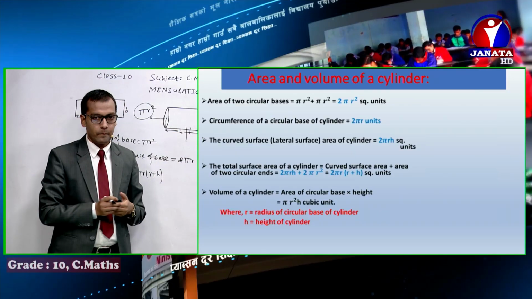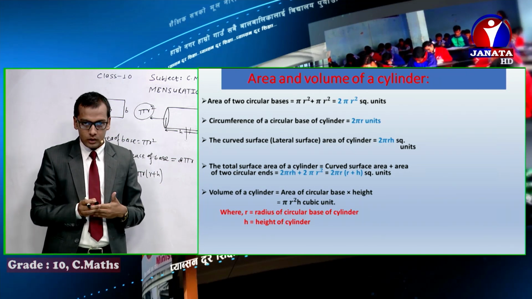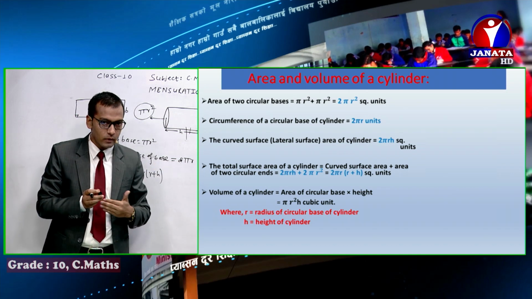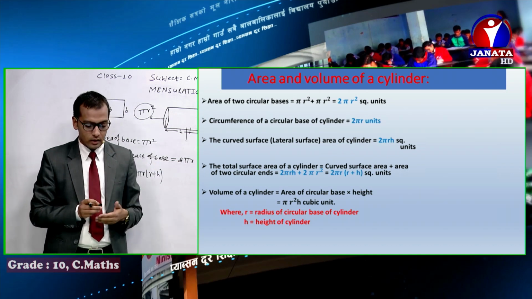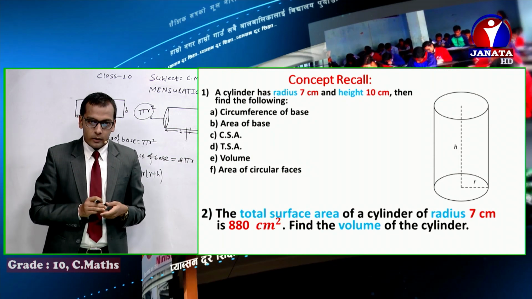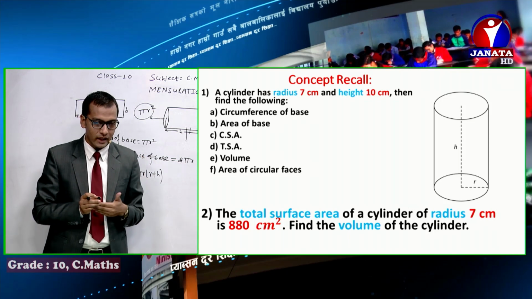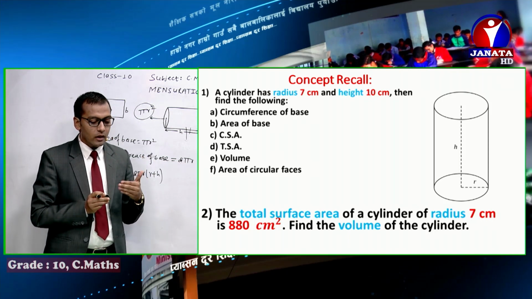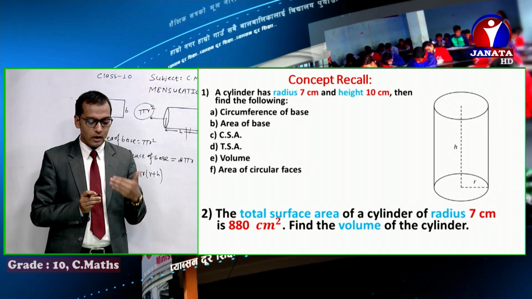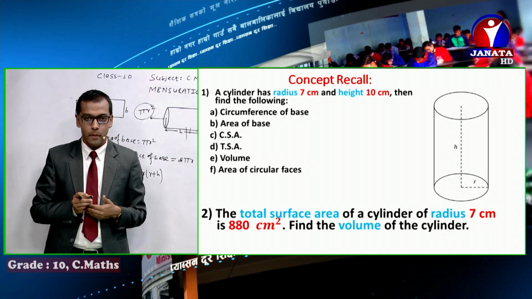Now, after knowing all these formulas and the concept, we can take some basic questions for practice. Let me take the first question here. A cylinder has radius 7 centimeter and height 10 cm. Then find the following.